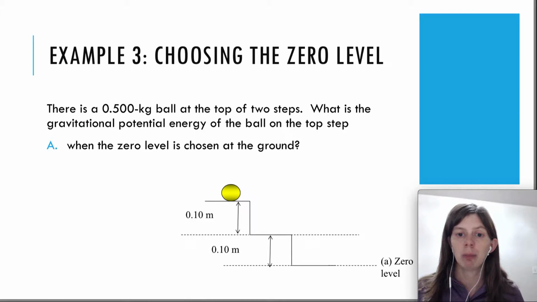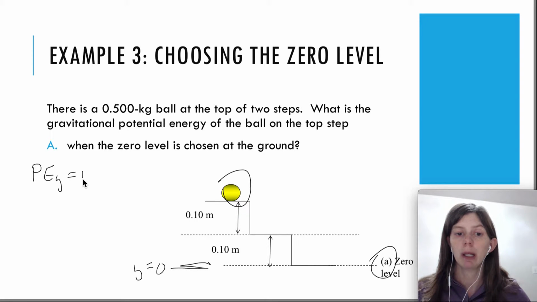Let's do a numerical example here. So there's a ball at the top of 2 steps. What's the gravitational potential energy of the ball on the top step when the 0 level is chosen at the ground? So that's what we said, that it's usually chosen at the ground. See the 0 level, that means that's our reference point, y equals 0. So then we have to find the potential energy of this ball. Well, we're just going to use mgy.